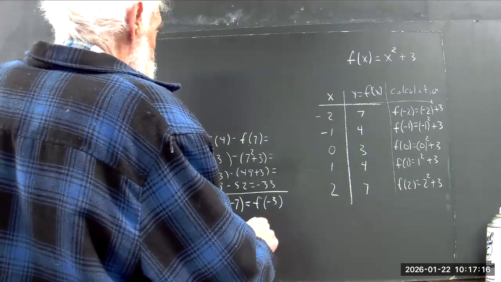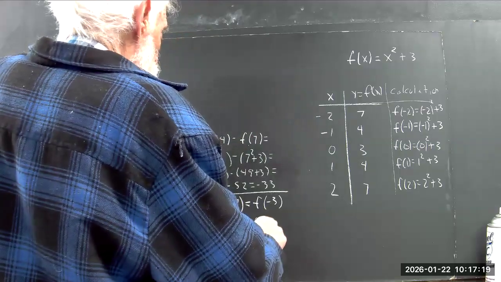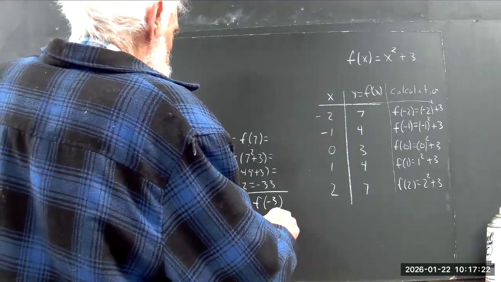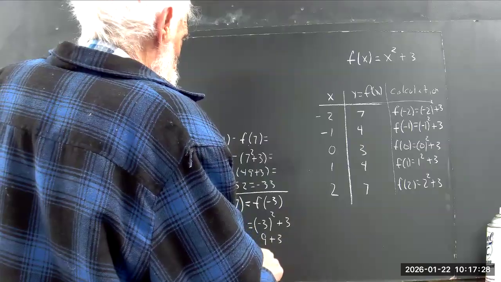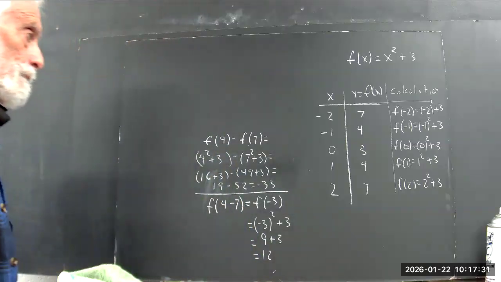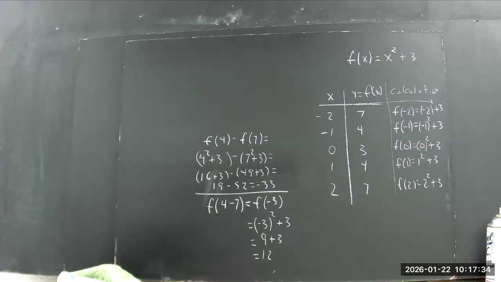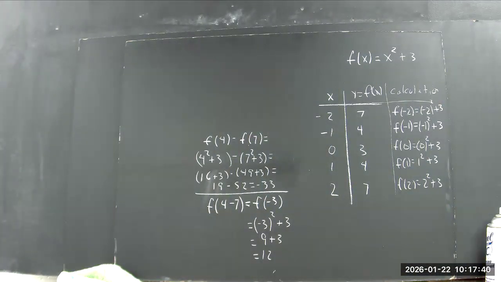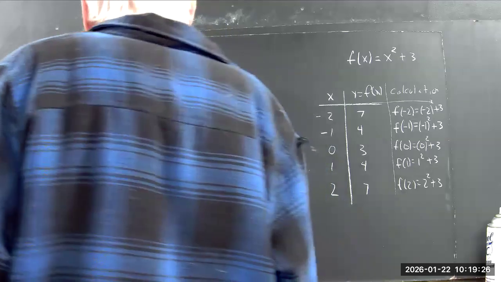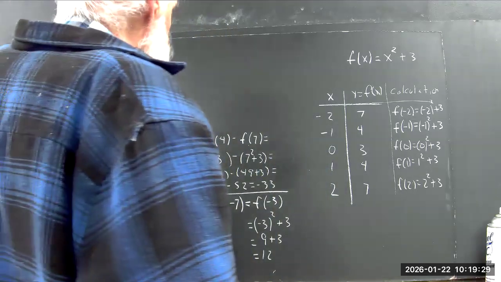And by the rule, that equals the square of negative 3 plus 3, which is 9 plus 3, which is 12. I think that should give you a good start on the function notation. All right, so let's go back to our original example.